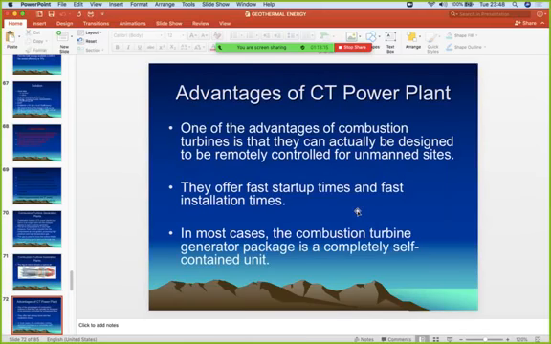So, advantages of combustion turbine power plant. One of the advantages is that they can actually be designed to be remotely controlled for unmanned sites.